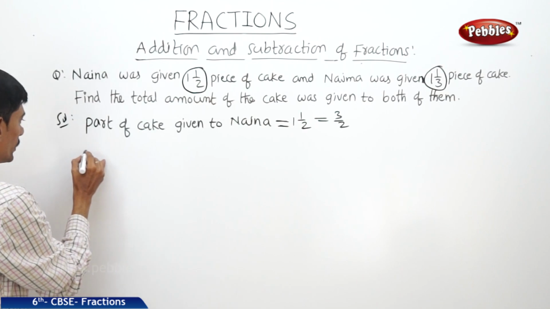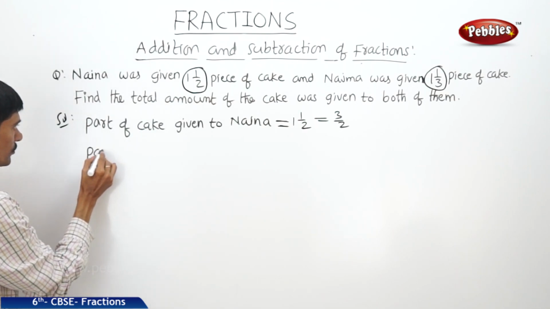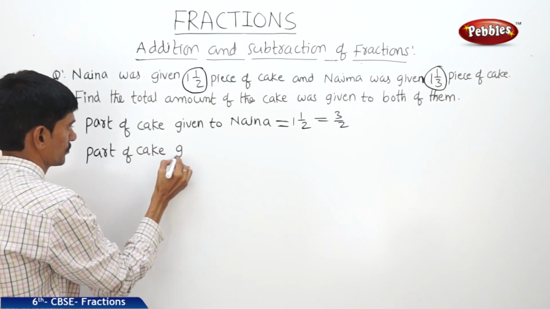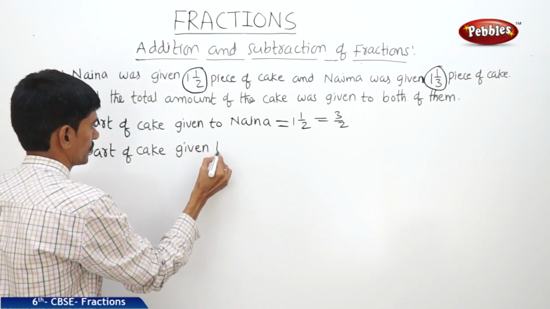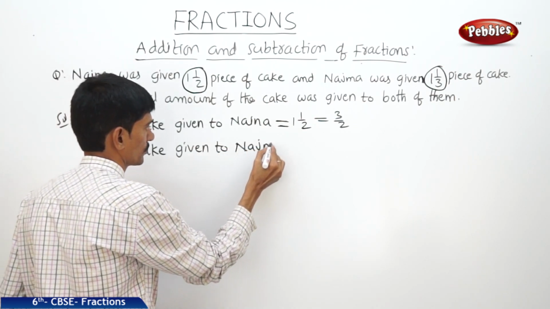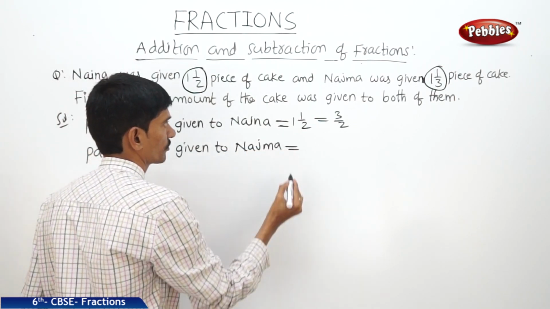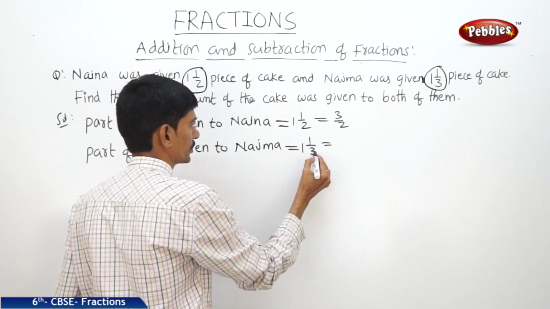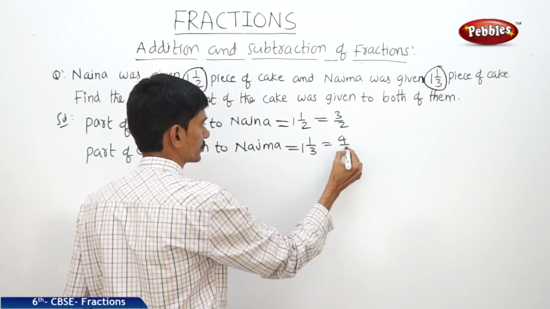Then part of cake given to Najma equals 1/3. So 3 ones are 3 plus 1, 4/3.